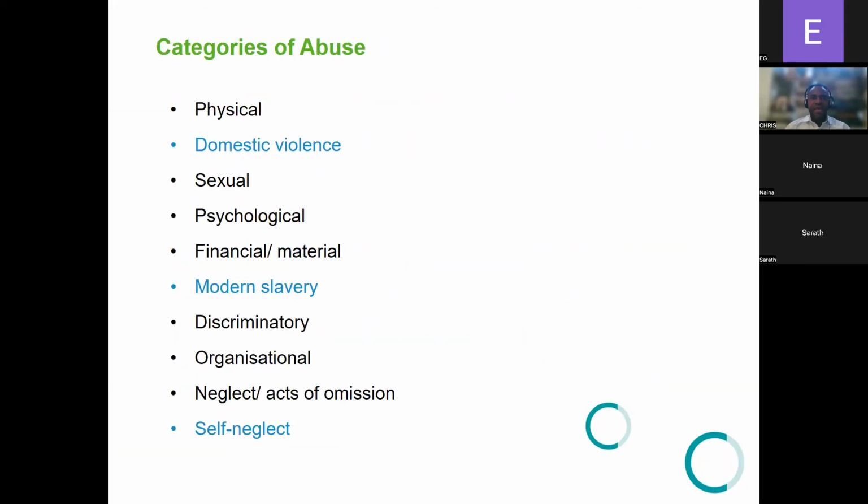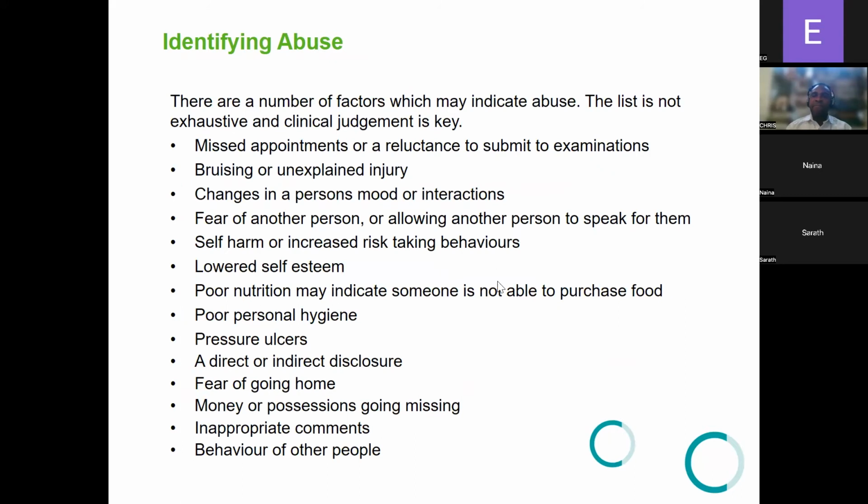Then we have a situation where we can identify abuse. Let me ask you a question. If you are living in a house with your child or with your niece or nephew, or even with your grandma or granddad, how would you know if they have been harmed or if they are not happy about something or if they are suffering in one way or the other?